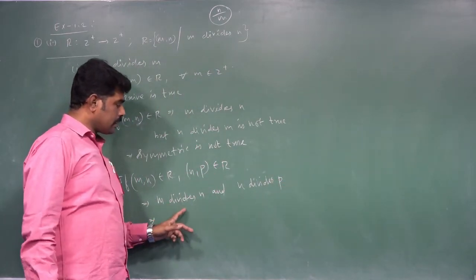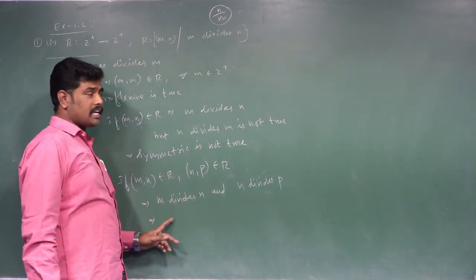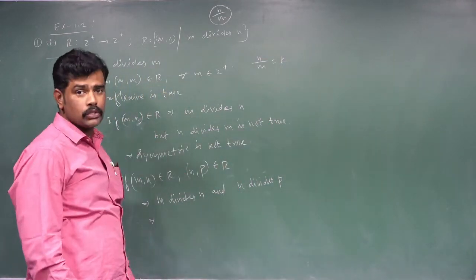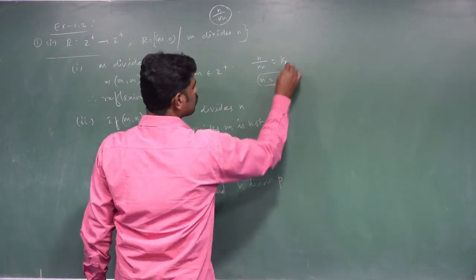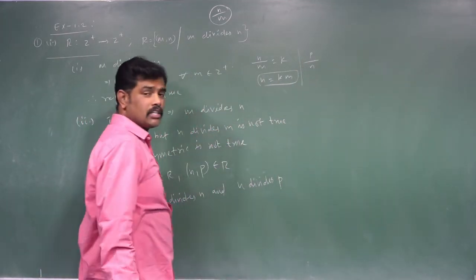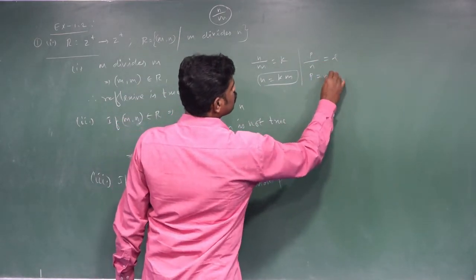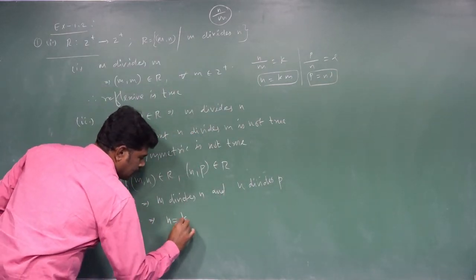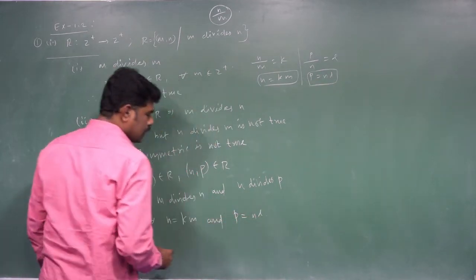If m divides n, the answer should be a positive integer. Doing the cross multiplication, n is equal to k into m. Likewise, since n divides p, taking some other constant, p is equal to n into l.